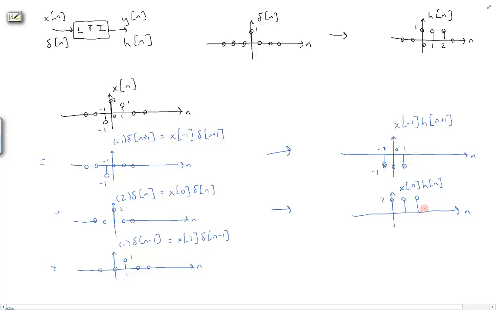I keep omitting this, but the function is always defined for all values of n. They're just 0 outside of this range. And finally, the last signal is x of 1 times h of n minus 1. So we shift our h to the right by 1 and scale it by 1. Therefore, it will be just a shifted version of h.